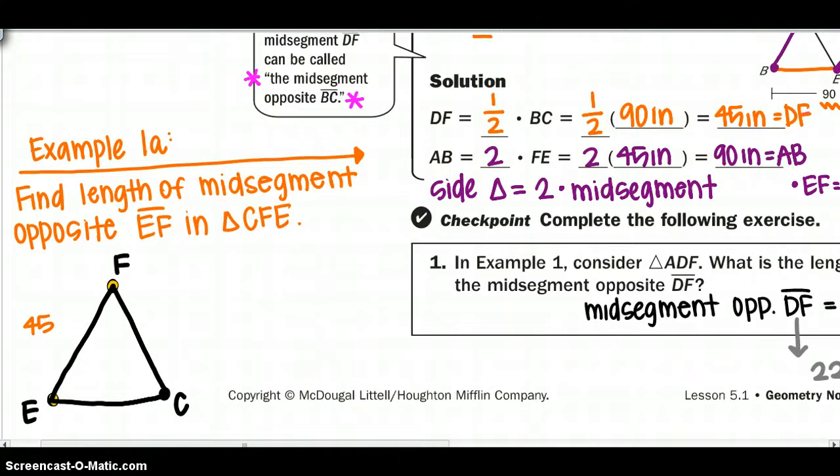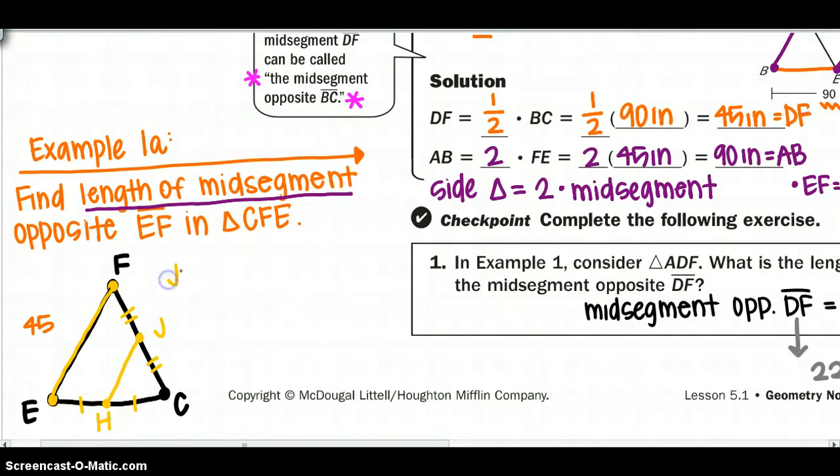We want to find the length of the mid-segment. The mid-segment should be smaller than the side of the triangle, and we want it opposite EF. We know that the mid-segment is created by connecting the two midpoints of the other sides. So we're going to connect those, and we're going to call that JH.